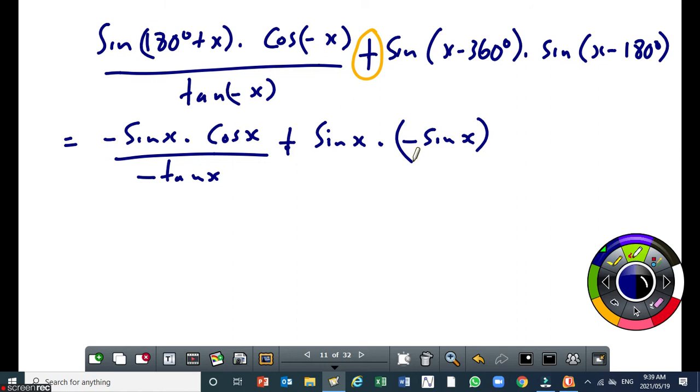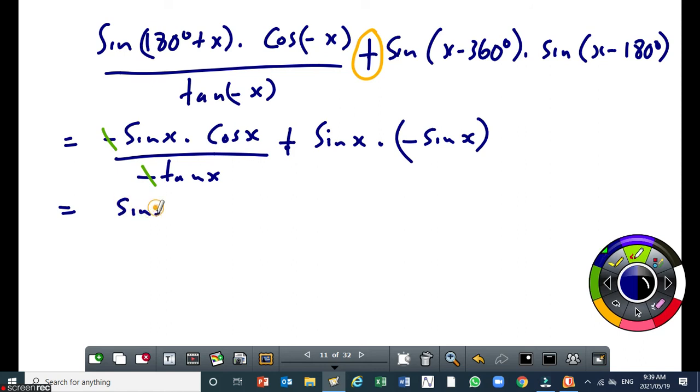Okay, it's very easy to make a silly mistake there. Right, from here now, my suggestion, convert this minus tan x to sine over what? Over cos. Fortunately, these two negatives can cancel out, because we don't want to work with too many negatives.